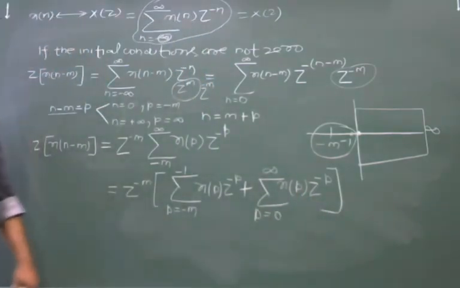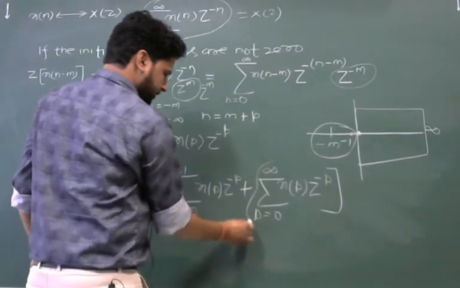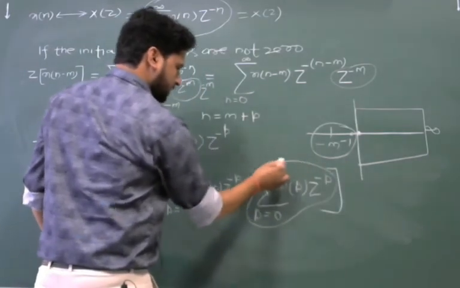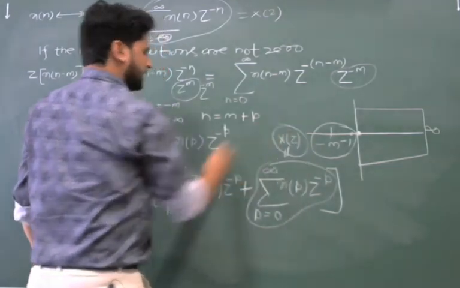I can write it as given here. So after replacing the limit, p is from minus m to minus 1 plus p is from 0 to infinite. The total limit will become from minus m to infinite, and this term is directly equal to the z transform of the signal, x of z.